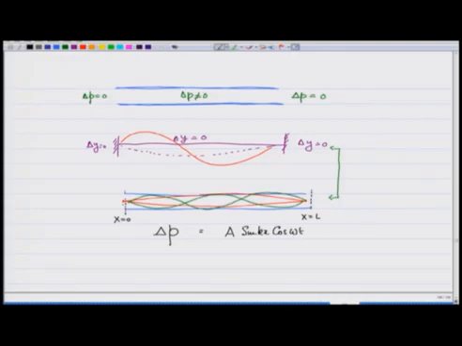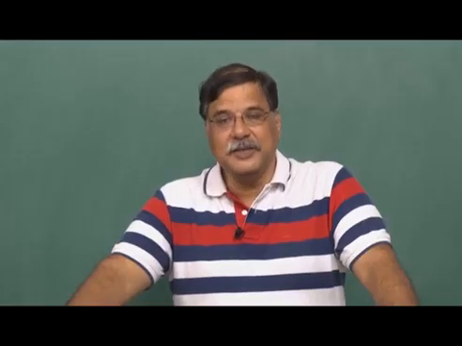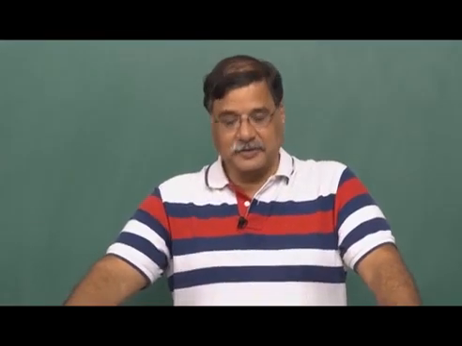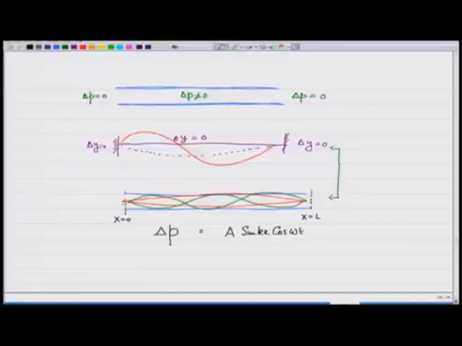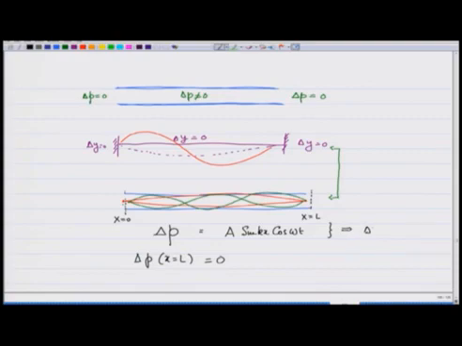I have chosen sine k x because this gives delta p to be 0 automatically at x equals 0. Now, I want delta p at x equals L also to be 0.